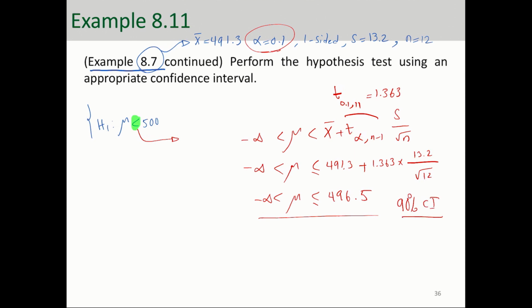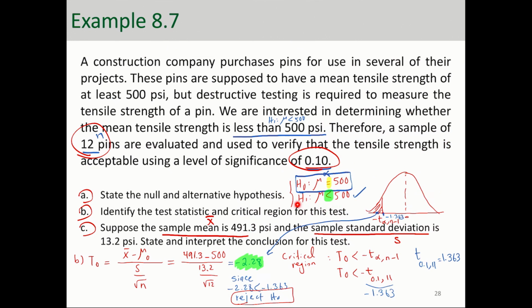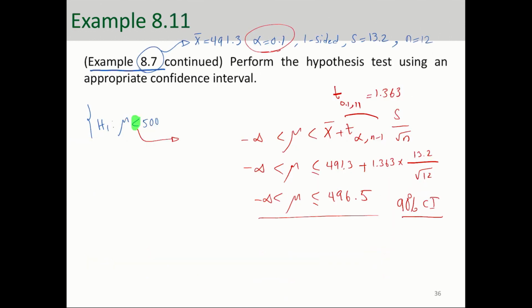Well, that means, because alpha is 0.1, this is a 90% confidence interval. So with 90% probability, the true population average is less than 496.5, right? If you remember in this example, we were testing whether mu is less than 500. So mu naught is 500. Now we just figured that 500 is not in this range. 500 is outside of this range.